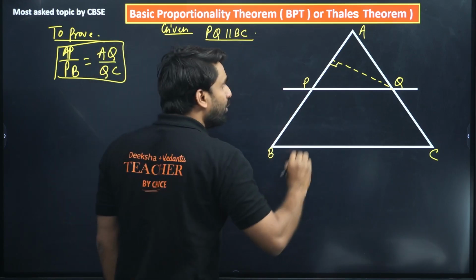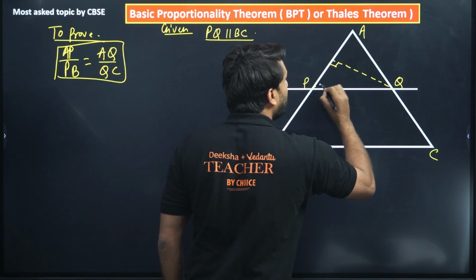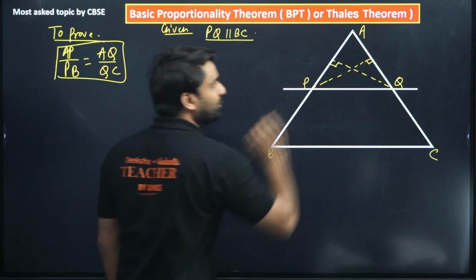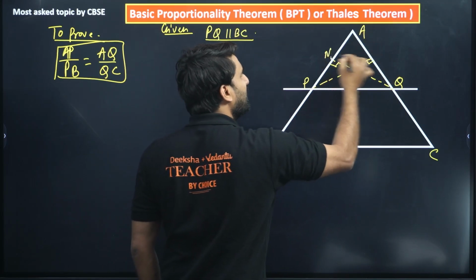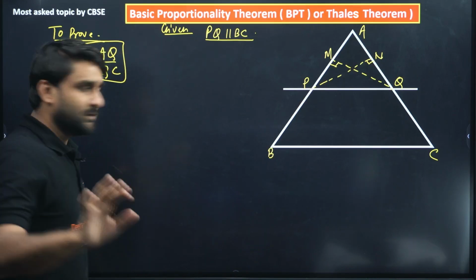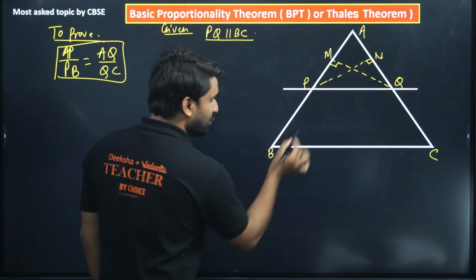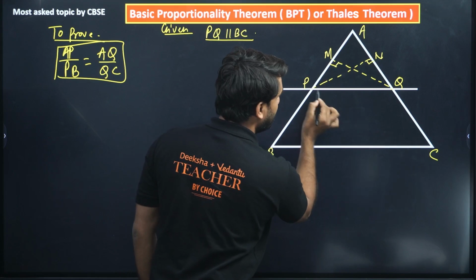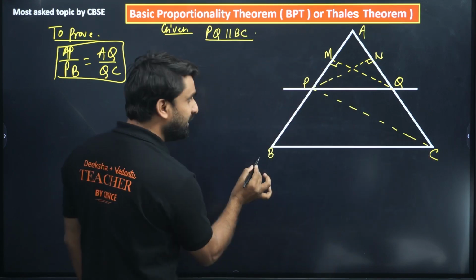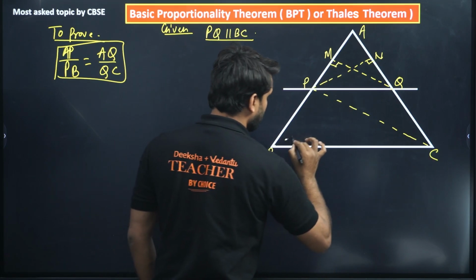Is it clear? And draw one more line from the point P which is perpendicular to AQ. Call the first line QM and the second PN. Now one more thing: join P to C and join B to Q.